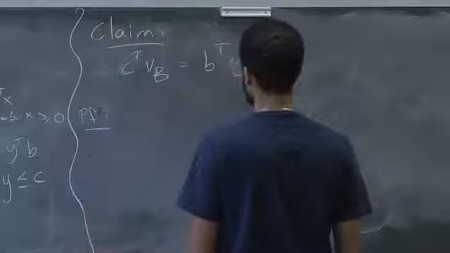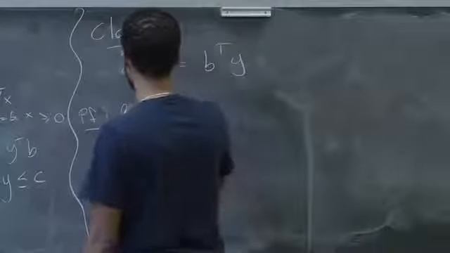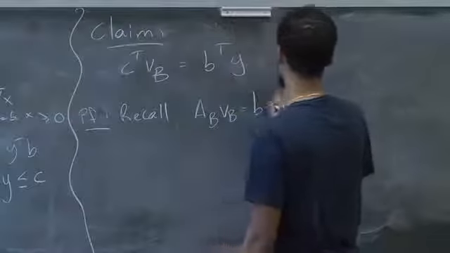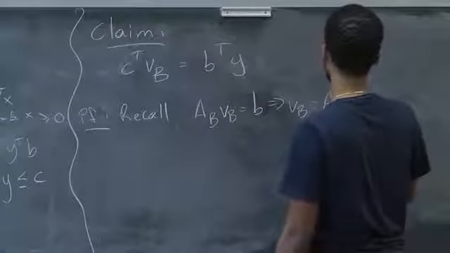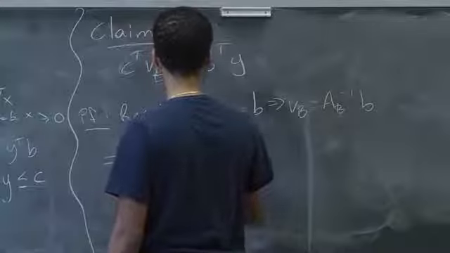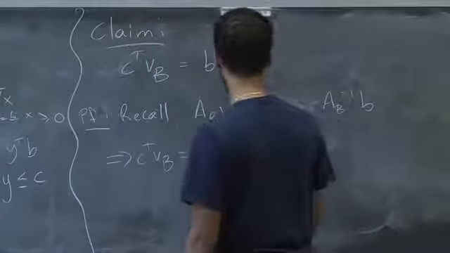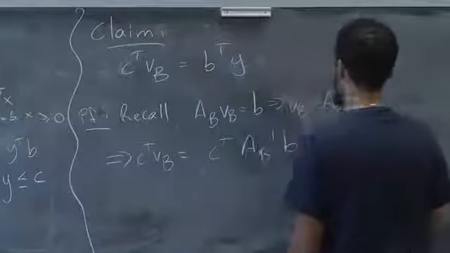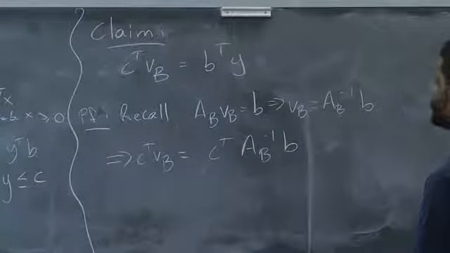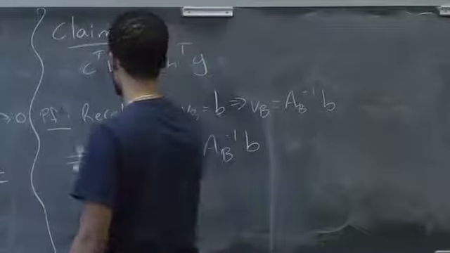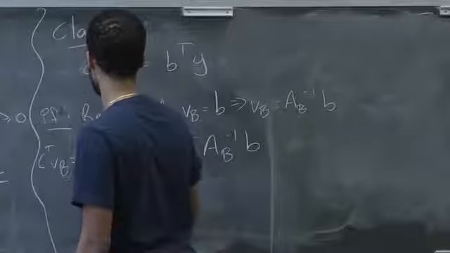Okay, so proof of this. Remember, we have that AB VB equals B, which implies that VB is equal to AB inverse B. So this implies that C transpose VB equals C transpose AB inverse B. Let me write C transpose VB as CB transpose VB.